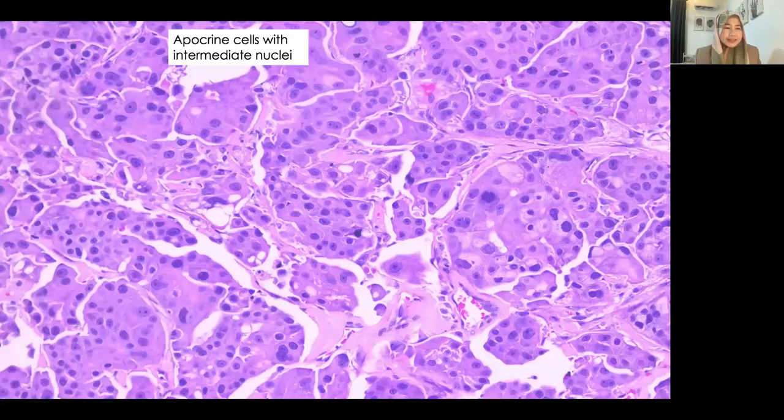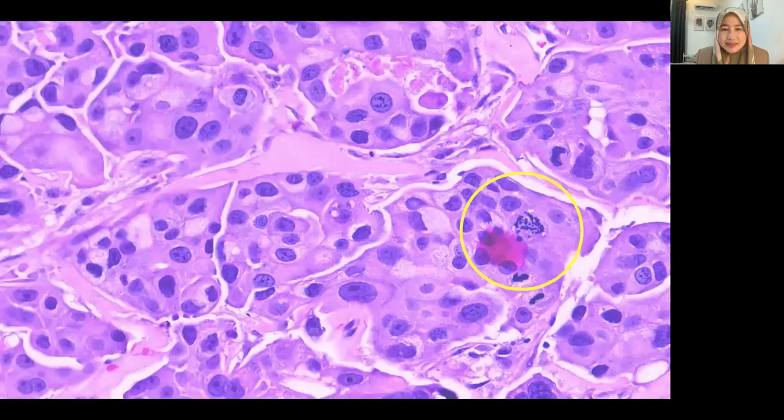The cells within the invasive component are also apocrine cells with intermediate nuclei. The cell morphology is similar to the cells lining the fibrous capsule, as well as the cells within the in situ component.